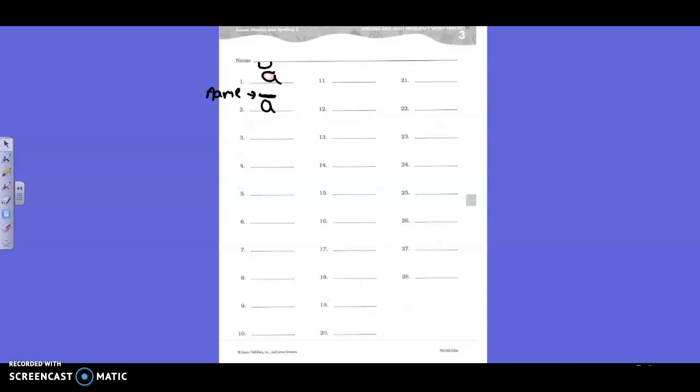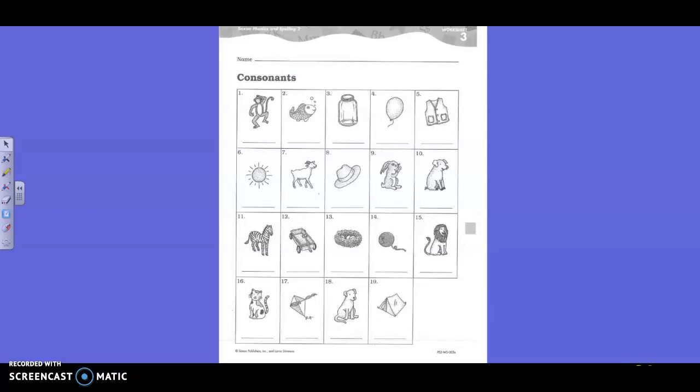Now, boys and girls, we're going to stop there because that's all review. Okay? I'm going to have you turn the page. I'm going to have you put that to the side for a minute. Okay, boys and girls, look at the pictures on this page. Who can tell me what that first picture is? What is the beginning sound in that picture?